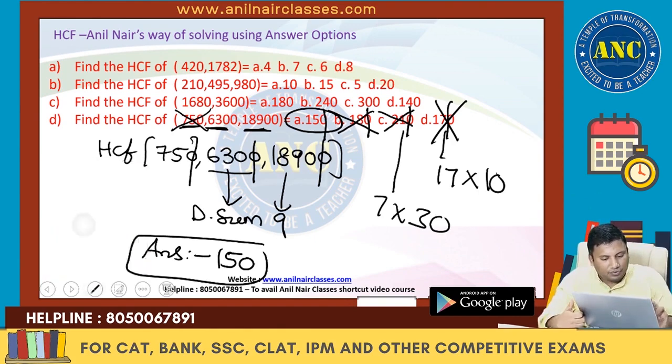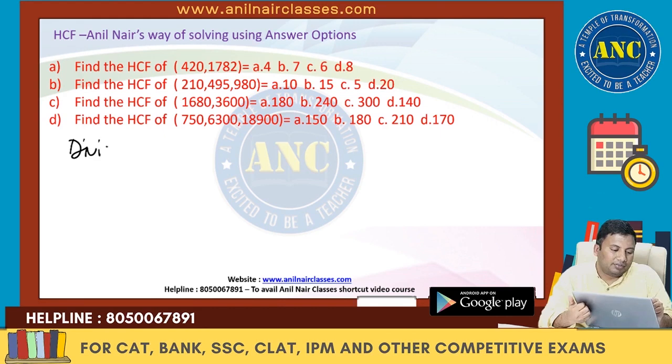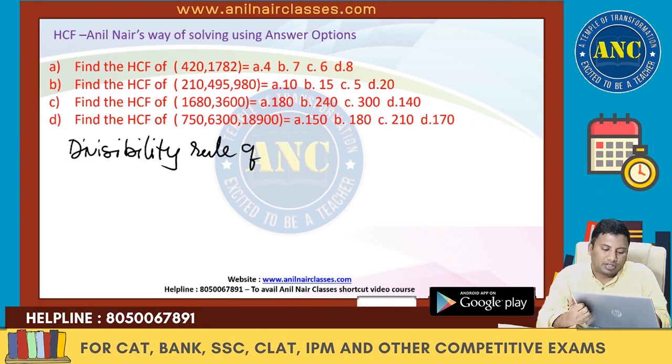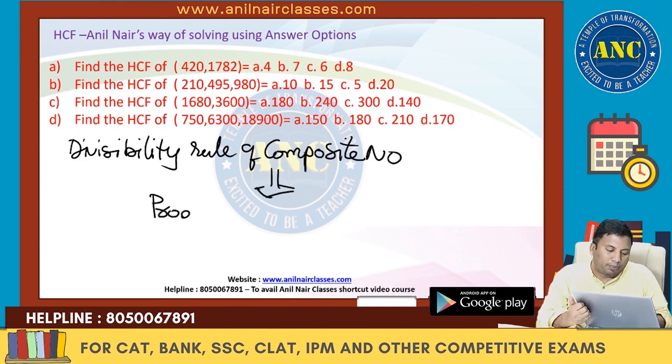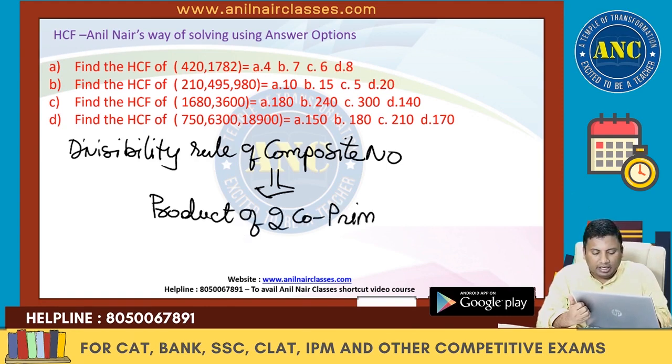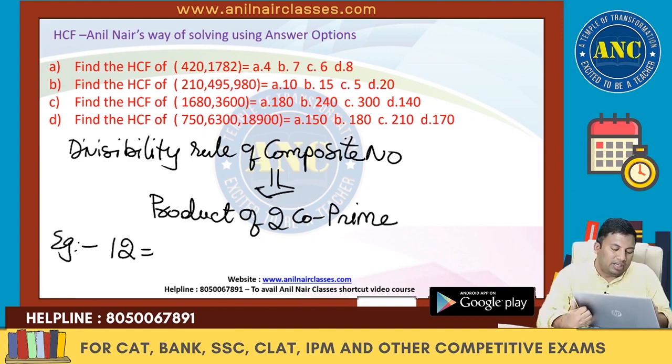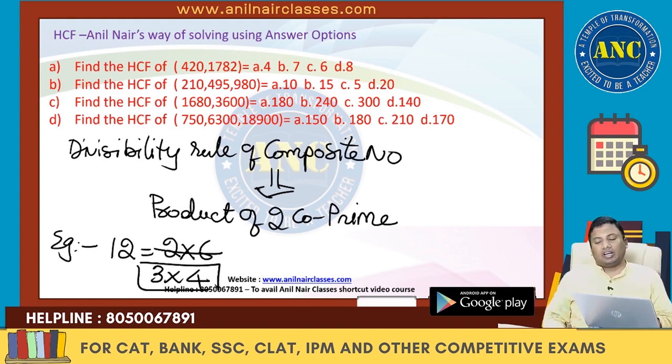The mistake is the divisibility rule of a composite number: write the number as a product of two coprimes. That is the divisibility rule of a composite number. For example, the divisibility rule of 12 is not 2 into 6 but 3 into 4, because 3 and 4 are coprime to each other. This theorem we call the Chinese remainder theorem.